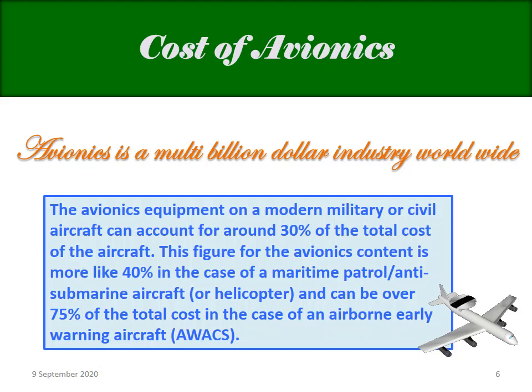This figure for avionics content is more like 40% in the case of maritime patrol aircraft or anti-submarine aircraft, because they need a lot of electronic gadgetry to be able to detect the submarines. And it goes up to actually 75% of the total cost if you talk about the airborne early warning aircraft, such as the AWACS.